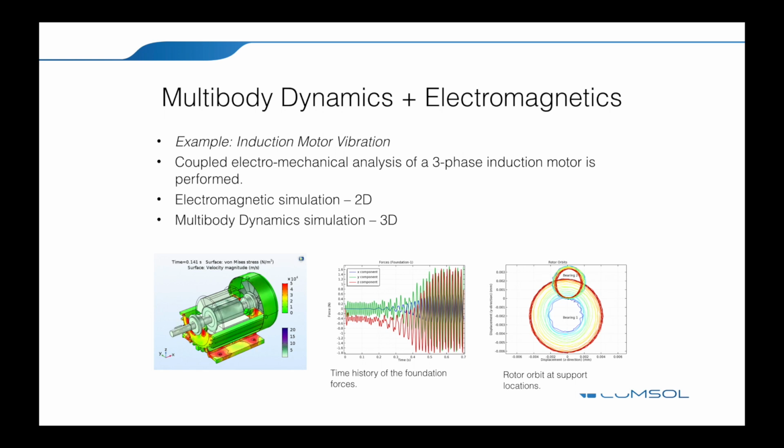Electromagnetics, in combination with rotating machines like motors or generators. You can include bearing calculations, of course, for the forces generated inside the bearings, and if you want, you can add extra acoustics on top of this to calculate the radiated noise.